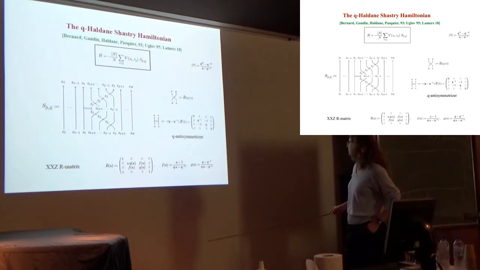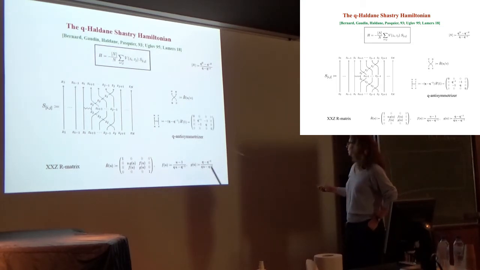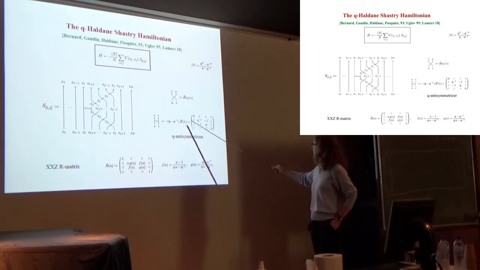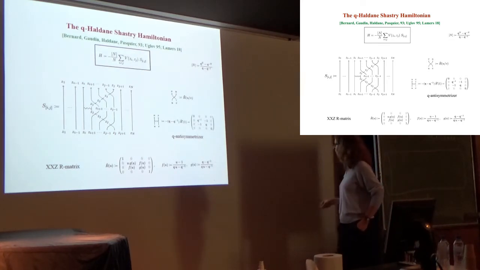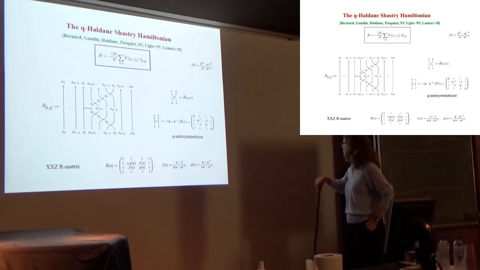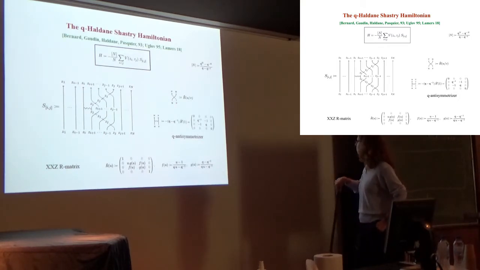Okay, so you have these functions which depend on q. If you specialize at the point u equals 1, the derivative of the R matrix becomes a q-antisymmetric projector. At q equals 1, this R check matrix becomes just a permutation.